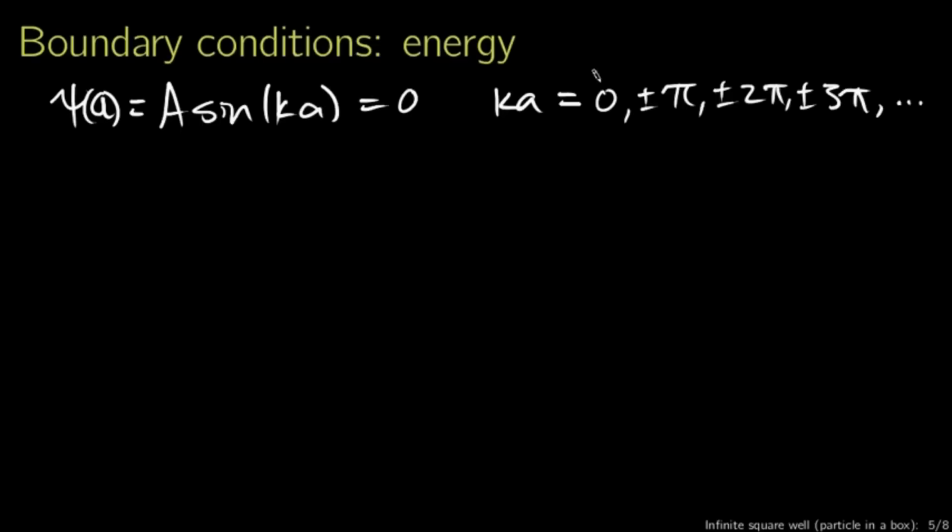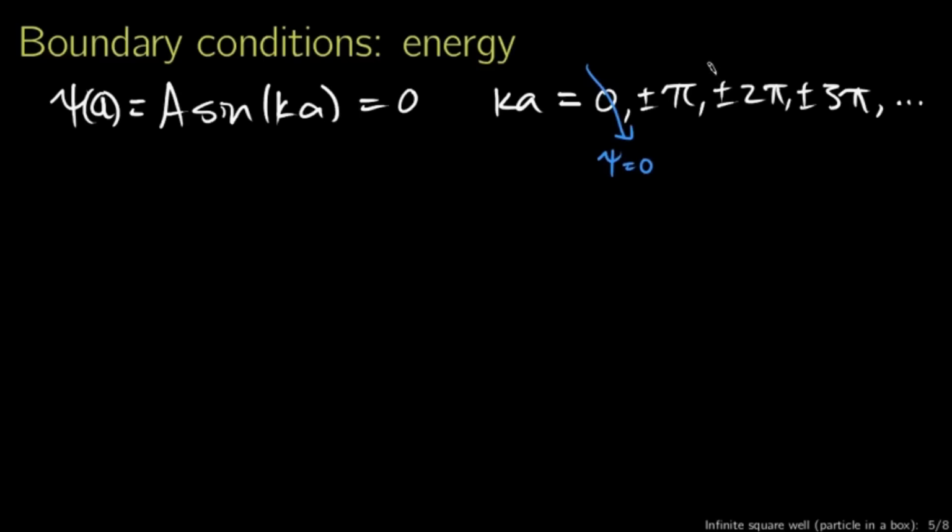Now it turns out 0 is not interesting. If ka is 0, k is 0, so the sine of kx is going to be 0 everywhere, meaning psi is 0 everywhere. That's not a wave function that we can work with.